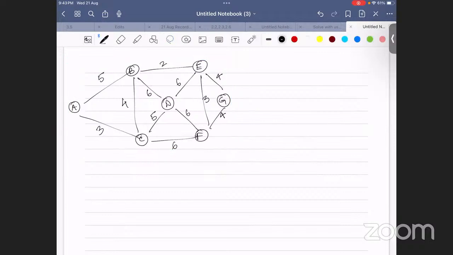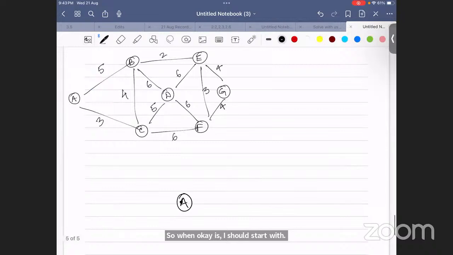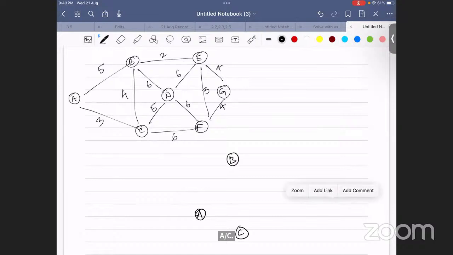Okay, so which one is the smallest? From where should I start? AC? B is the smallest, right? Yes.